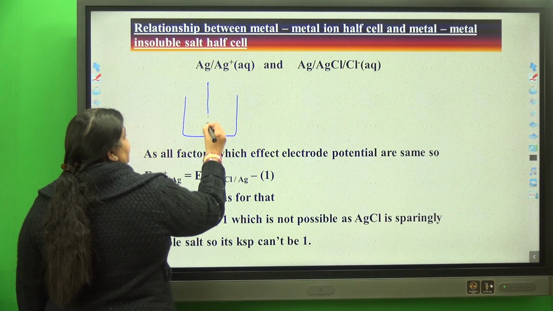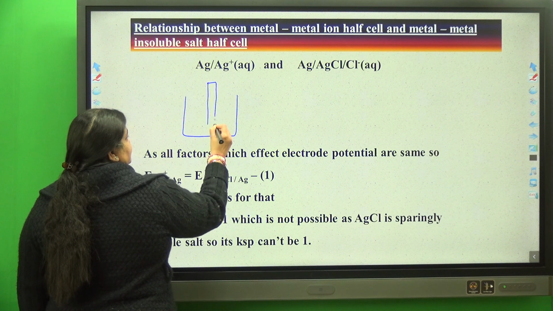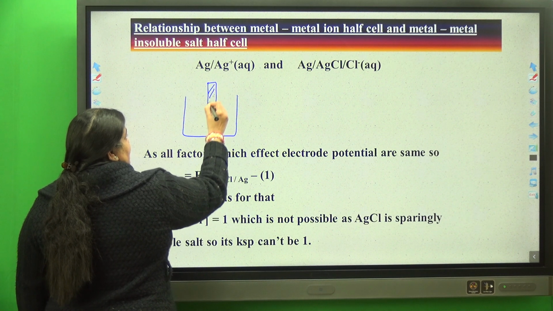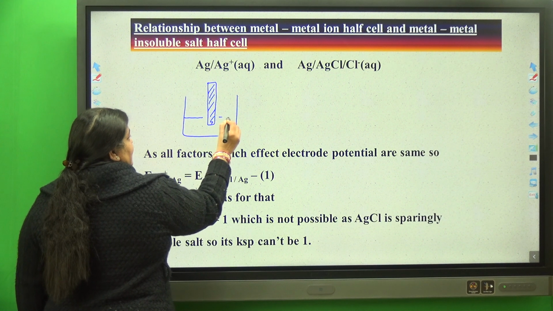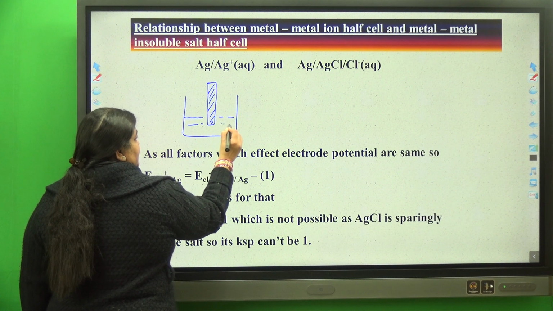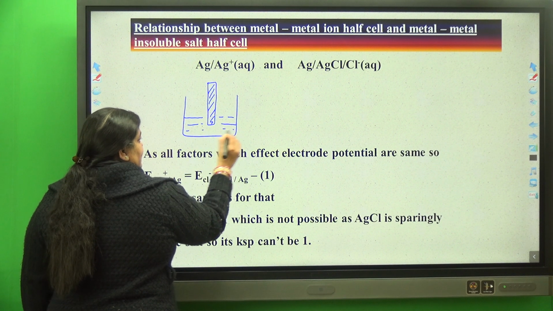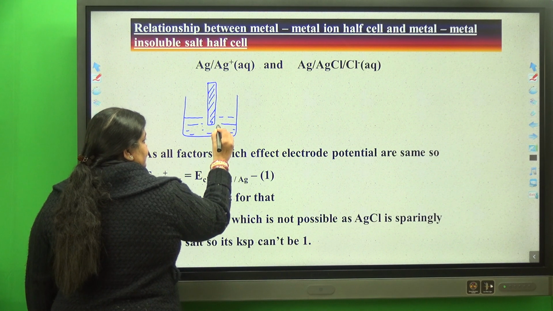We have taken a silver electrode and we have dipped it in Ag positive ions. वो Ag positive ions कहाँ से आए? I will just now tell you.